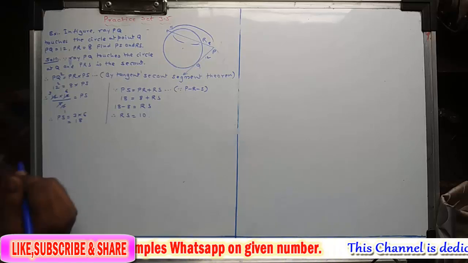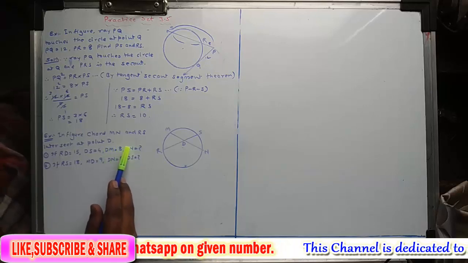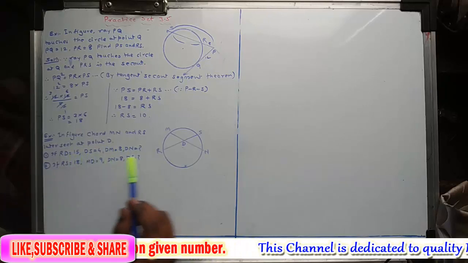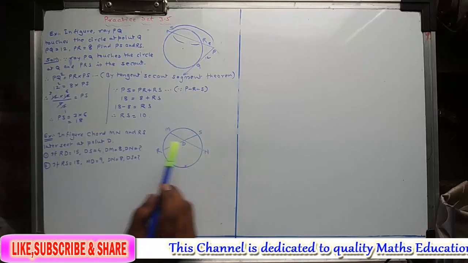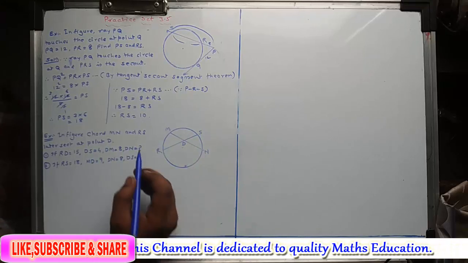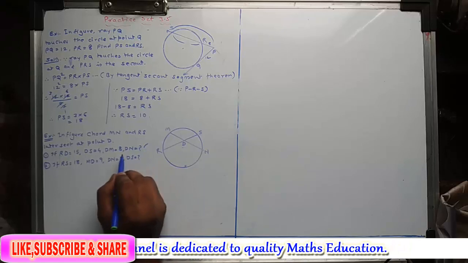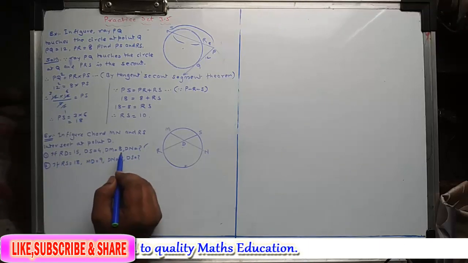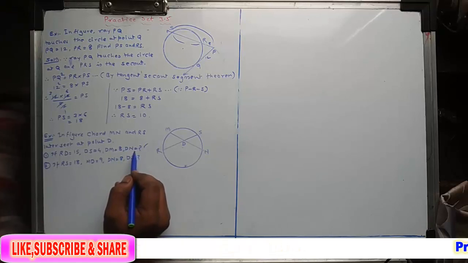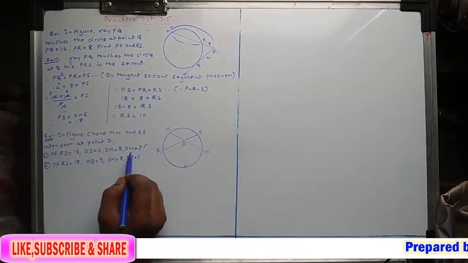Now the next example. In the figure, chords MN and RS intersect at point D. Two chords MN and RS intersect at point D. The first example you have to solve: RD is equal to 15, DS is equal to 4, DM is equal to 8, and then we have to find DM. Okay, ये value तुमको find करना है, आप लोग इसको solve करेंगे.